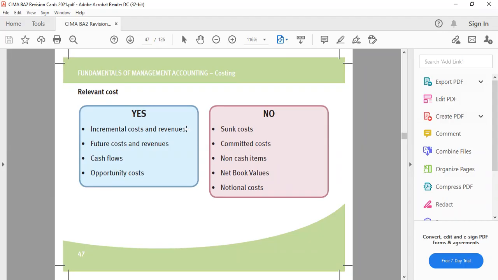So any services provided by the owner to the business, the owner is supposed to receive salary, or interest on capital, or rent on his own premises, things like that. They are expenses, but they are not real expenses which are incurred. They are notional. It is based on an idea. So those things are also not relevant for decision making. So relevant cost and irrelevant cost, we have to have an understanding about what these things are.